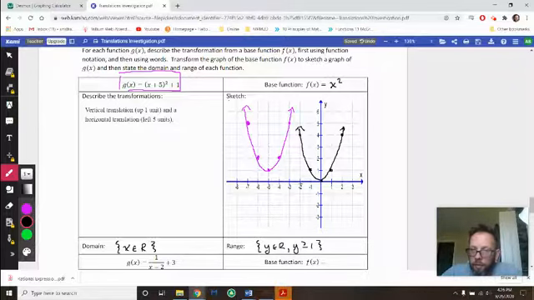What you'll notice is that shifting up or down or left or right can change the domain and range too. The range for the basic parabola is y values greater than or equal to 0. When you shift that parabola up 1, the range shifts up 1 too, and now it's greater than or equal to 1. So domain and range shift along with the function, which is pretty cool.